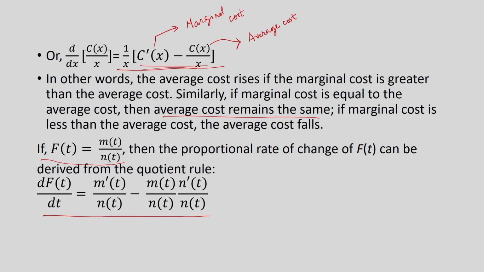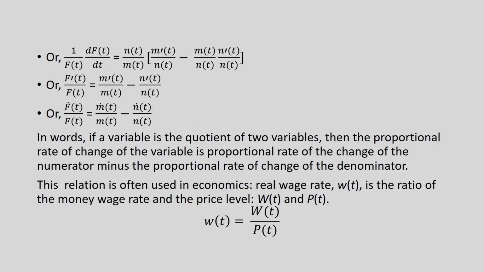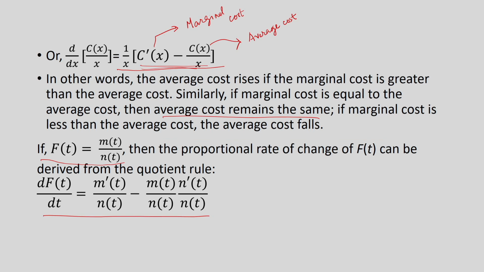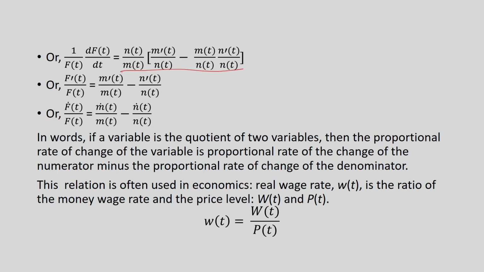Now, from the above expression, I divide both sides by f(t) and I will get this expression, because f(t) is equal to m(t) divided by n(t), and then I multiply this term with the terms in the third brackets and I will get this expression, which means that f dash of t divided by f is equal to m dash of t divided by m minus n dash of t divided by n.